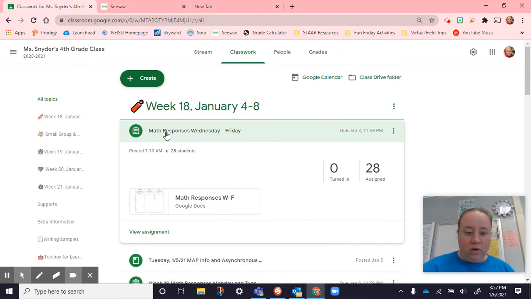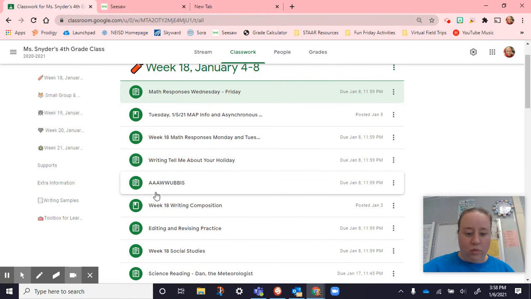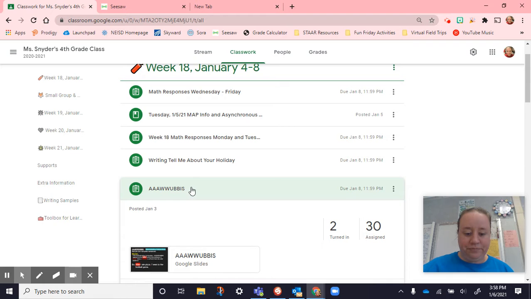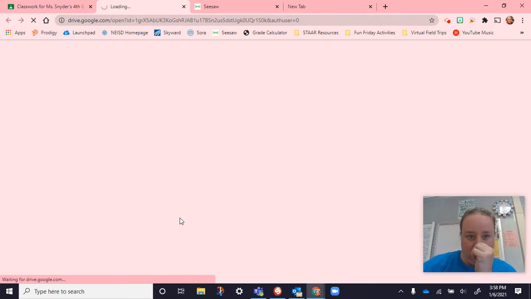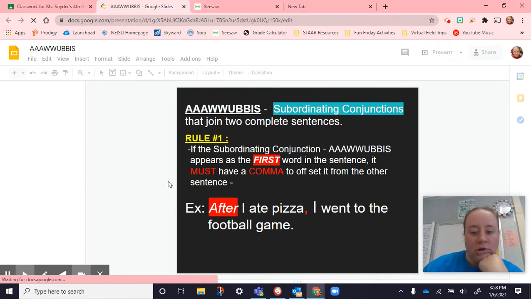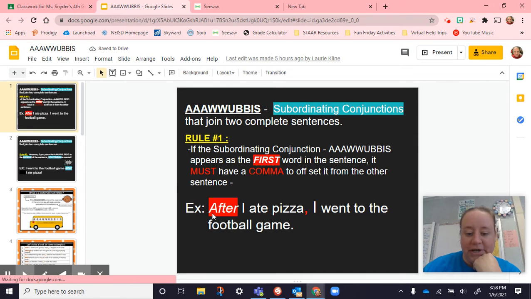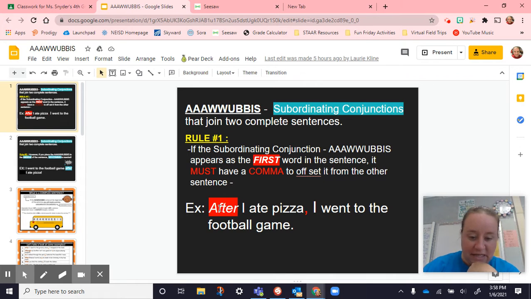So if you go to AWUBUS right here, the first couple pages, again, are just the rules. If you look at this example, after is what that first A stands for.